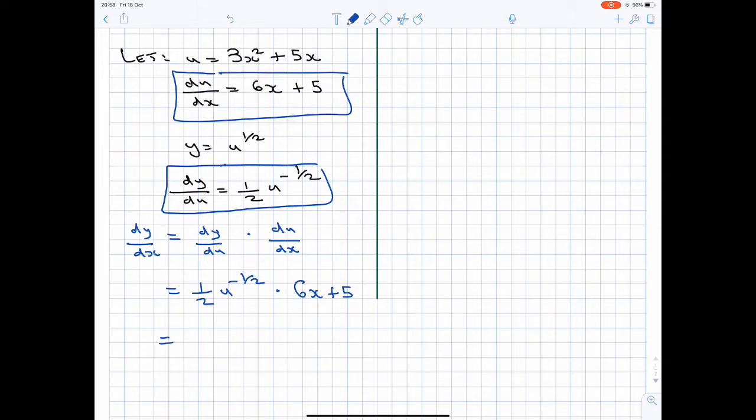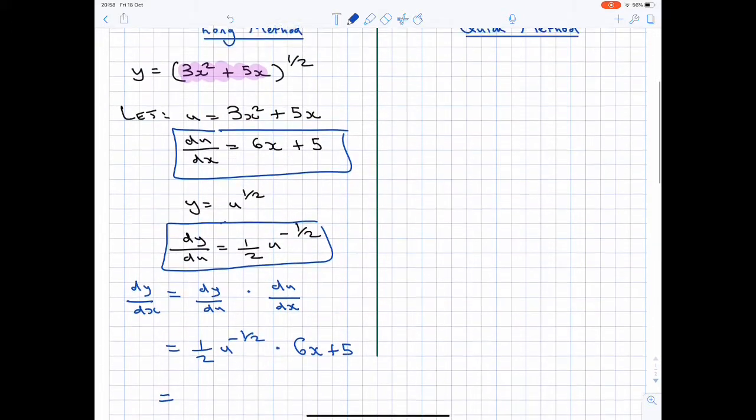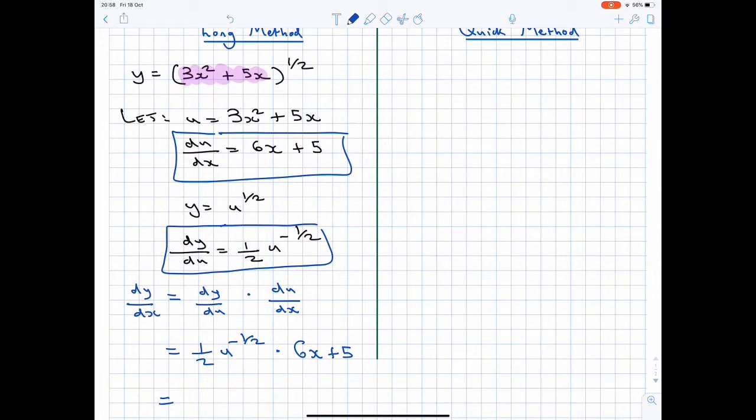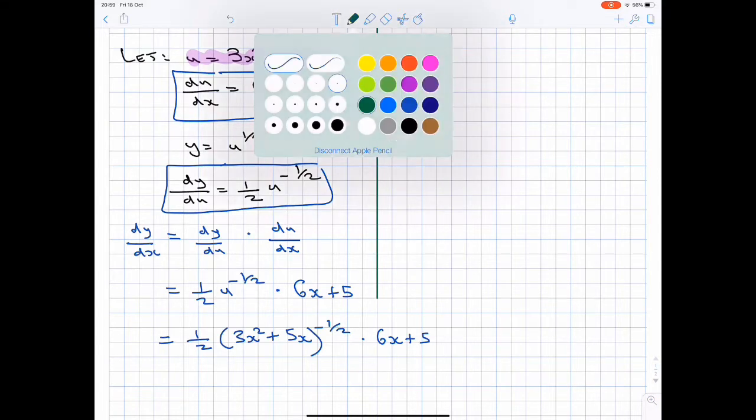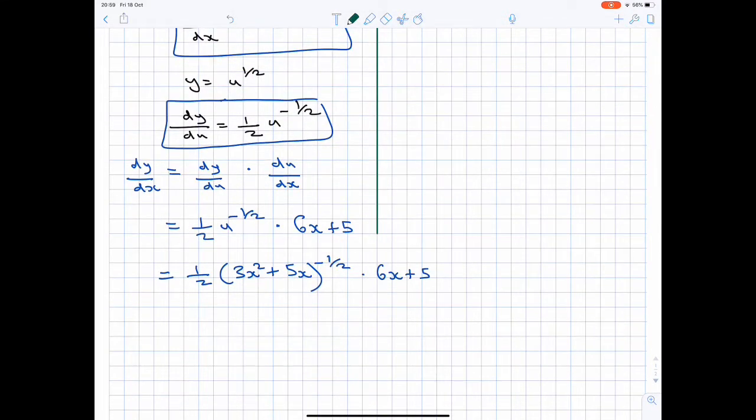The next part is actually very important, because now we need to put u equal to 3x squared plus 5x. So we need to come back to this here. So I'm just going to say half, 3x squared plus 5x, that's still to the minus a half, and we still have the times 6x plus 5. And now finally I'm just going to tidy this up.